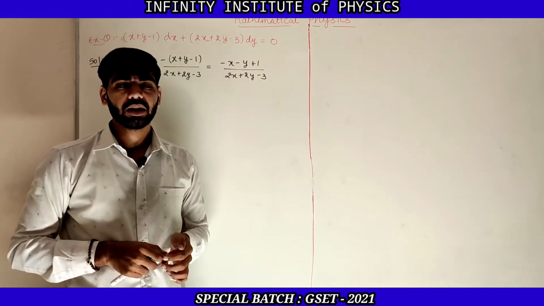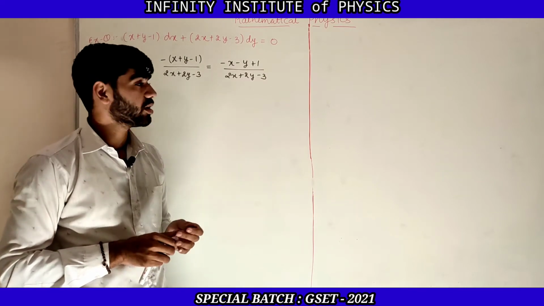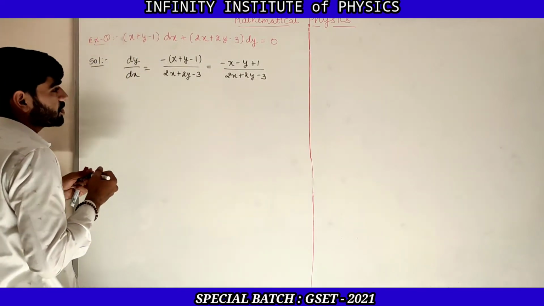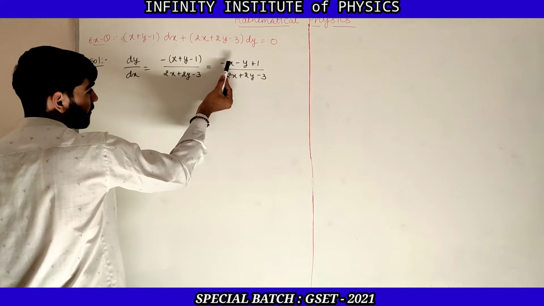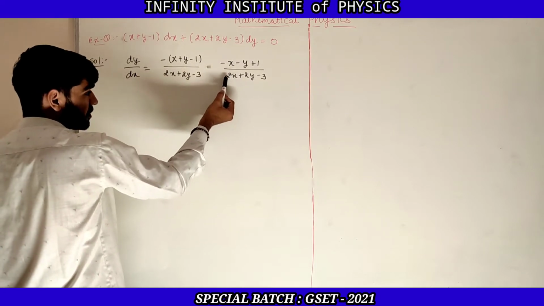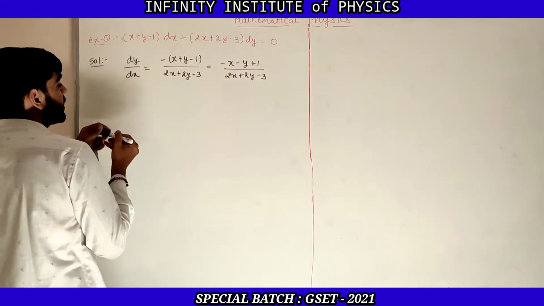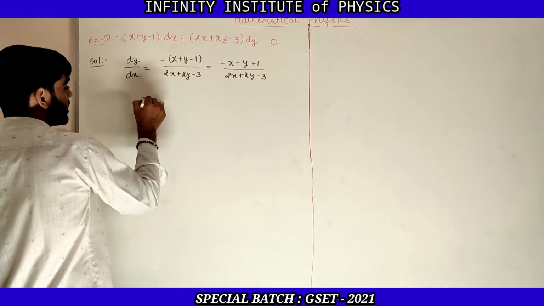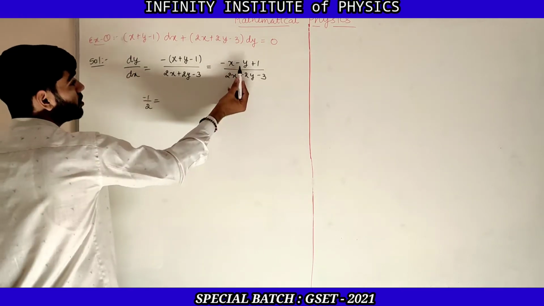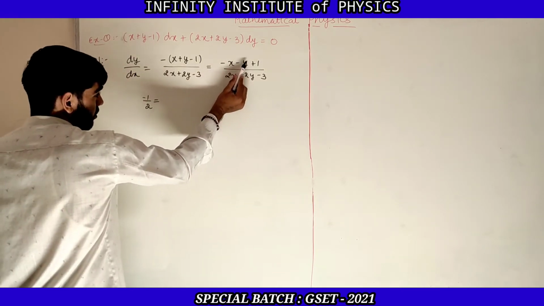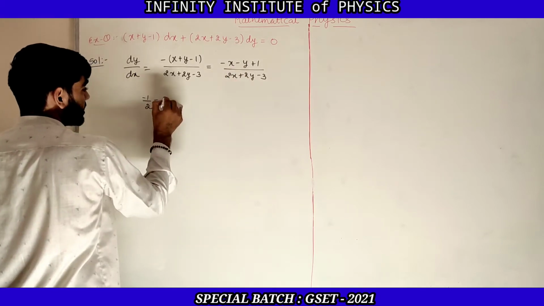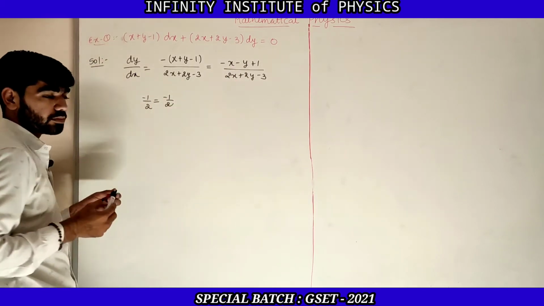So now this is a non-homogeneous differential equation, and also you can see that the ratio of the coefficient of x in numerator and denominator is minus 1 by 2, which is equal to the ratio of the coefficient of y in numerator and denominator, that is also minus 1 by 2.